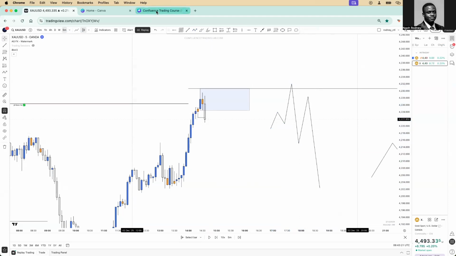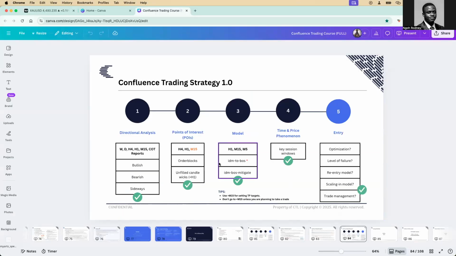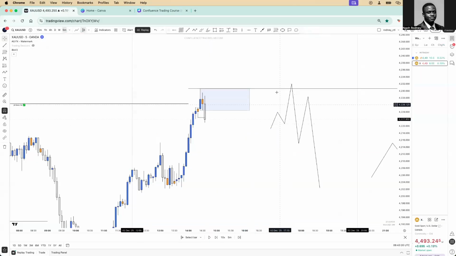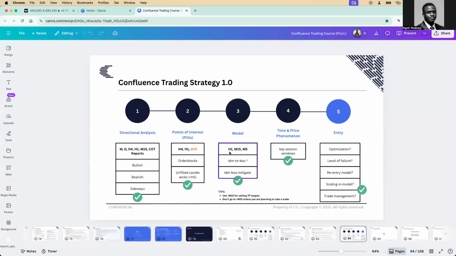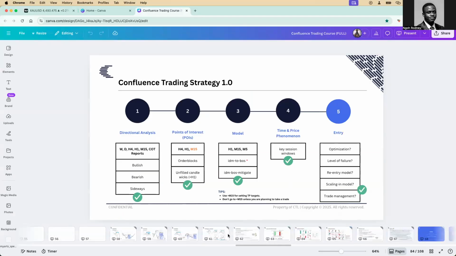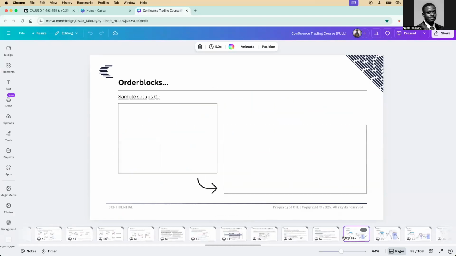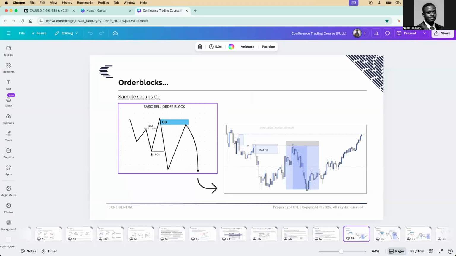And that's exactly what this inducement, break of structure, mitigate model is about. You create a situation where we can take these guys out. You create an inducement, you break, you come back to mitigate, and then the move continues.